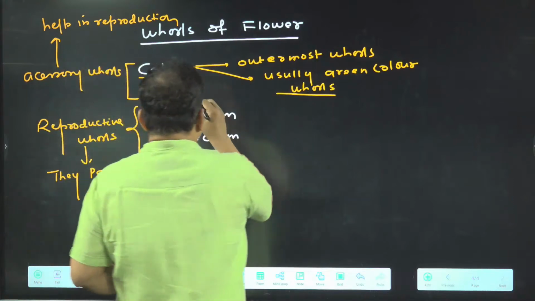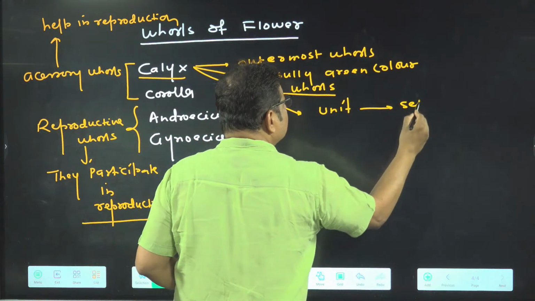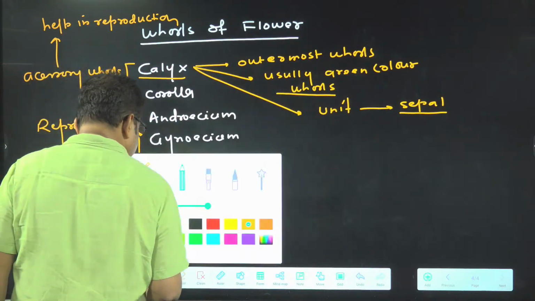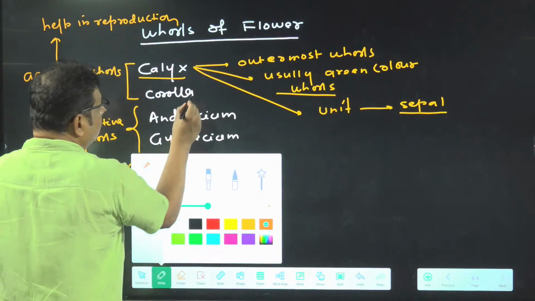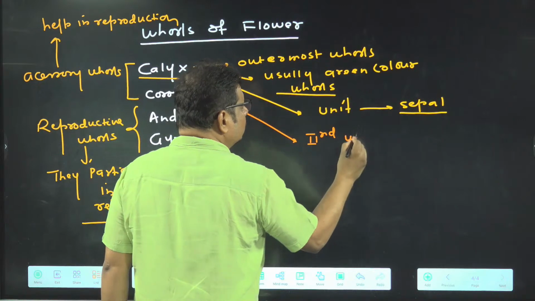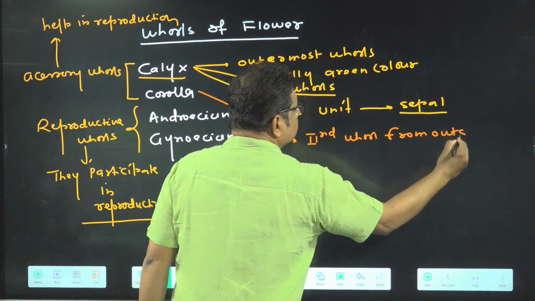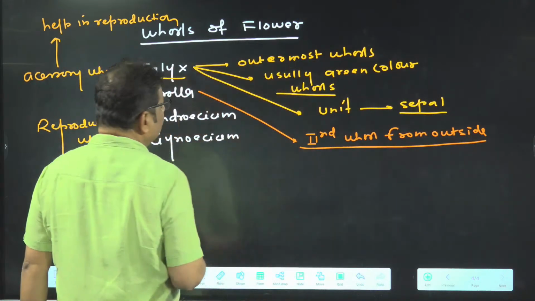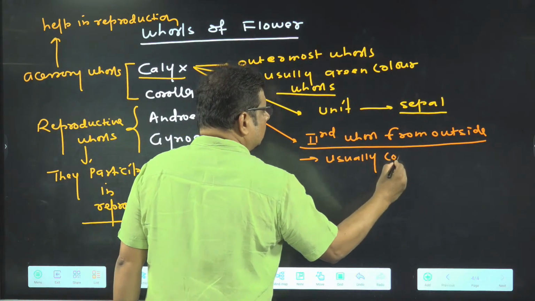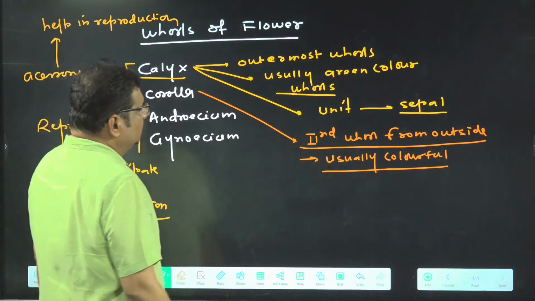The unit of calyx, a single leaf, is called a sepal. It contains many sepals. Then the second whorl from outside is the corolla, usually a colorful whorl. Got the idea? Is it clear?